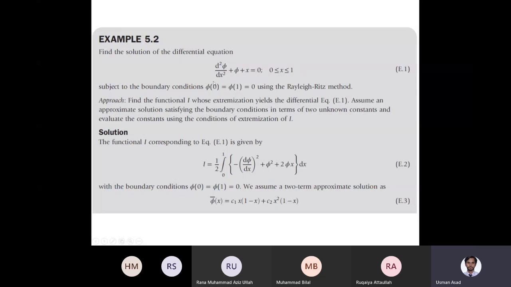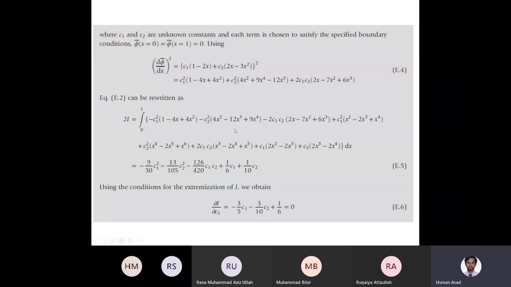They do indeed satisfy the boundary conditions. So that's why I'm saying let's assume an approximate solution consisting of some constant multiplied by a function plus some other constant multiplied by another function, and both of those functions agree with the boundary conditions. And then the next step is to find these constants C1 and C2 so that this comes close to the actual solution, okay?